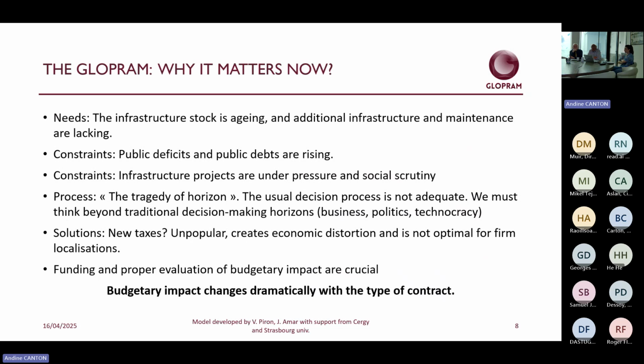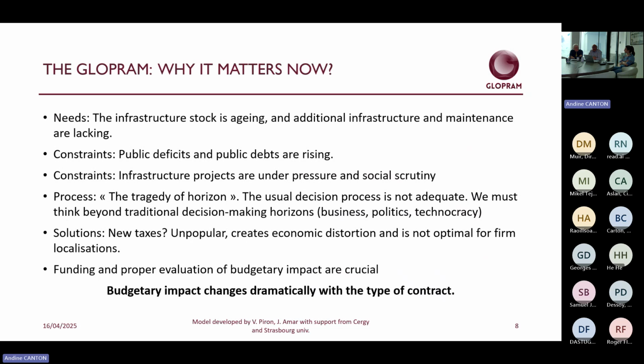In other countries, the problem is lack of infrastructure, which impedes the development of the country. The constraints, public deficits and public debts are rising. I hear that since I began working 50 years ago, but well, someday it will create real problems.